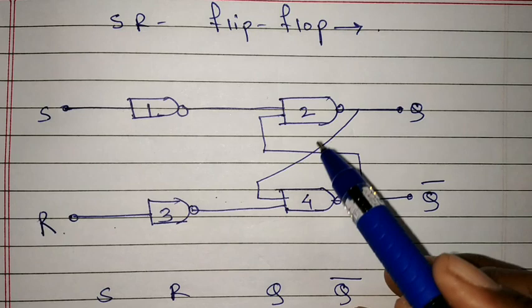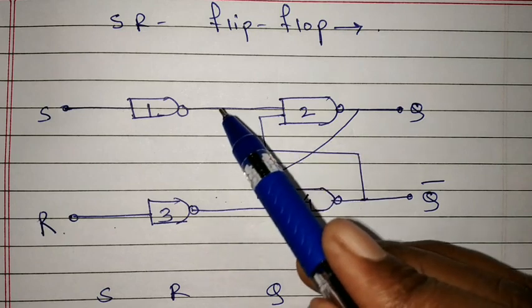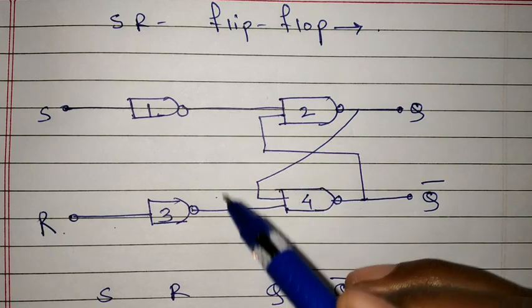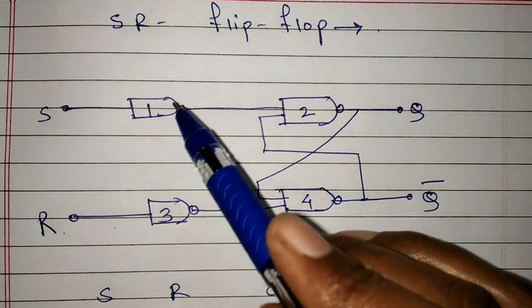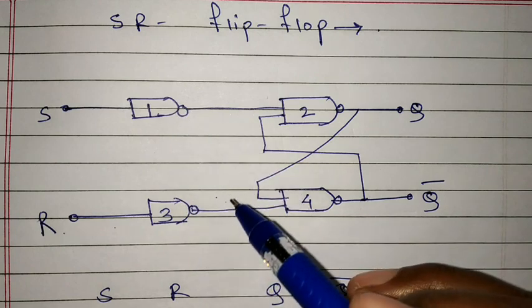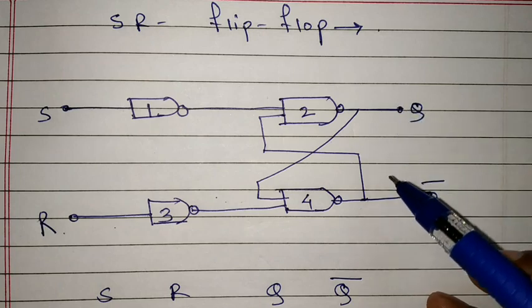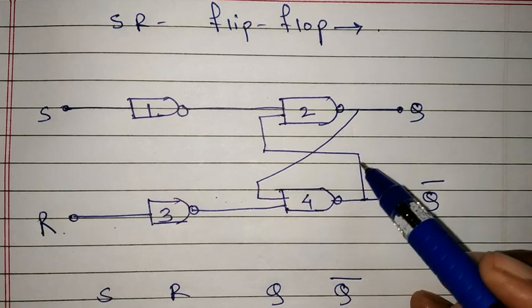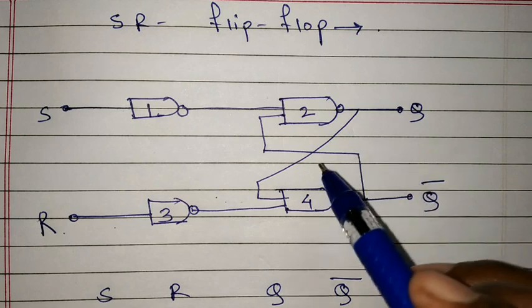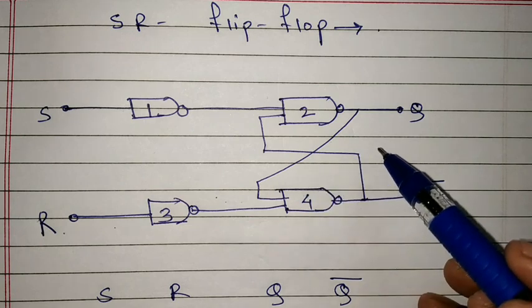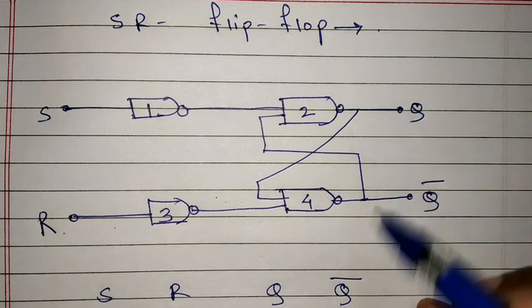So it doesn't depend on the second input. Since the output of the 1st and 3rd NAND gates is 0, the outputs will compulsorily be 1, which means this condition is a prohibited or avoided condition. We cannot predict the output.